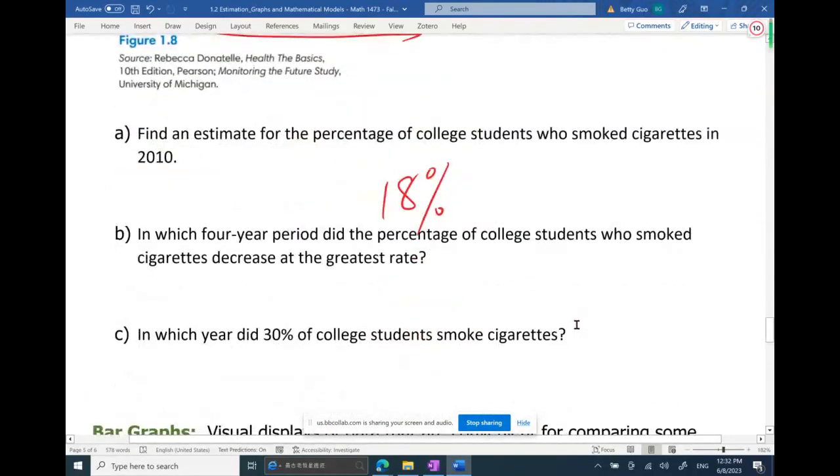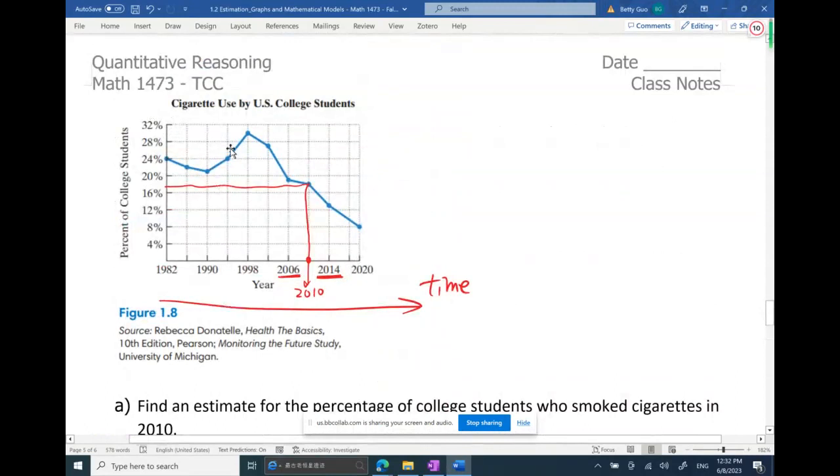Part B, in which 4-year period did the percentage of the college students who smoked cigarettes decrease at the greatest rate? If you have the algebra foundation, you might remember slope of a straight line describes rate of change, right? So which part of this line graph has the biggest slope?